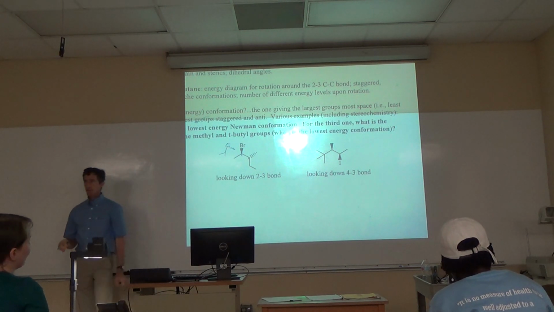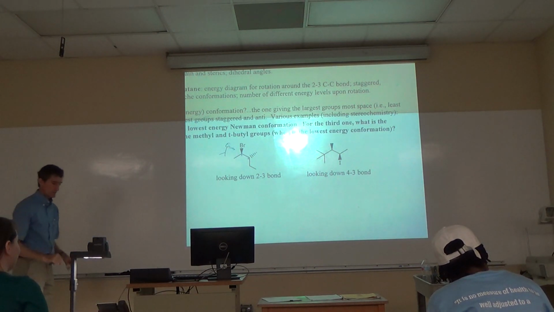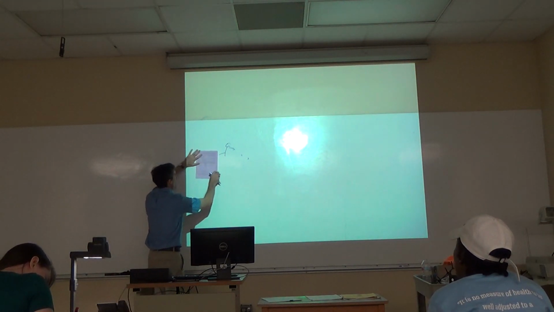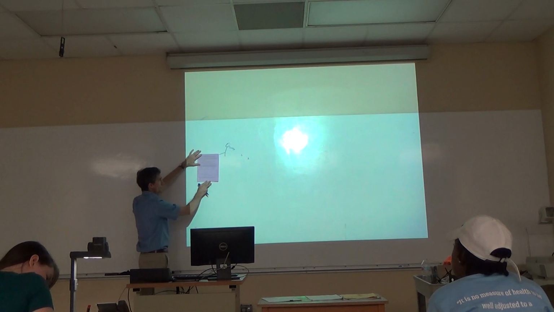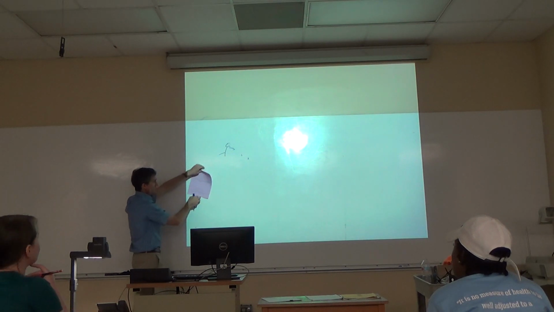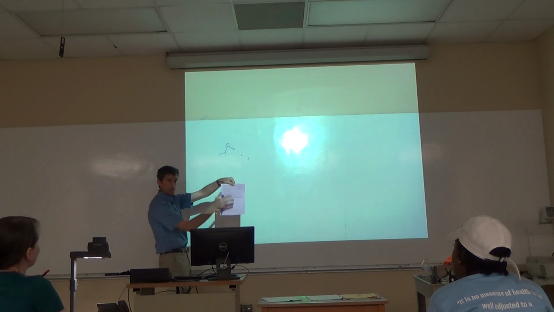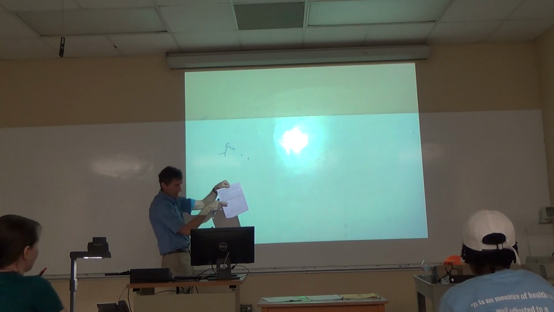Can you see me looking down the 2, 3 bond? Okay. Now, we just talked about the paper here. There it is on the board. See, I can do that this way. There it is. But I'm going to turn it. Now it's like it's on the board. Now I'm over here, like right there, and I'm looking down the 2, 3 bond.